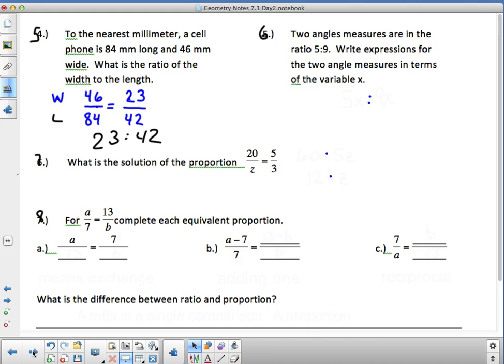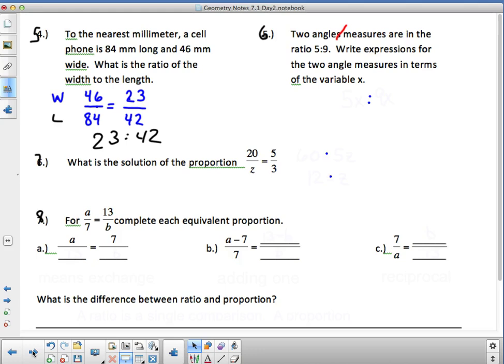So if we read the question, two angle measures. Somebody has problems with his S's. Two angle measures should be angle measures. I've got to just change that. I'm having a hard time reading today and putting my S where it's supposed to be. Two angle measures are in the ratio 5 to 9.